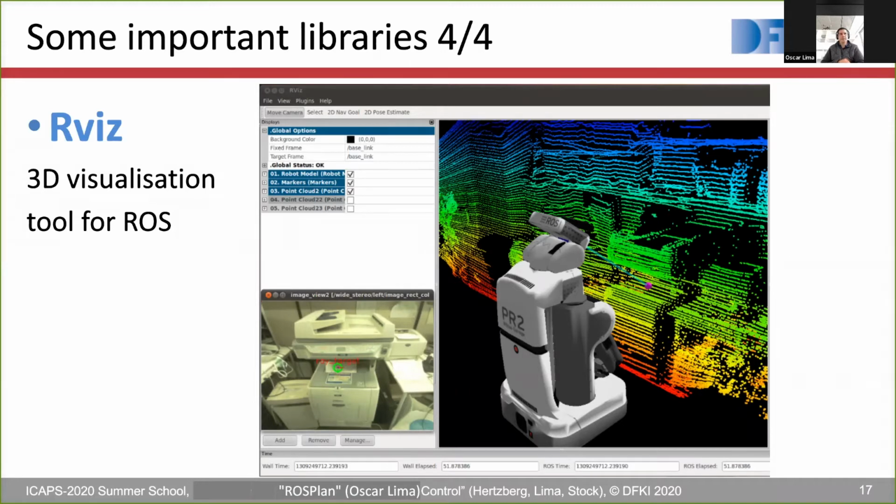Of course, for us humans, it's impossible to make sense out of this data. So what we do is we do a 3D representation of this data with nice drawings, and then we put it into RViz, and then we can see what's going on in the world. So this is also a very, very nice tool.